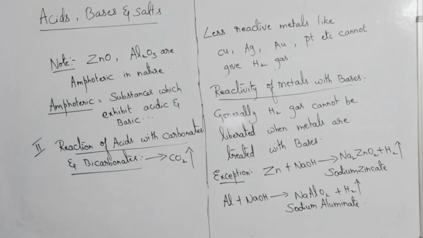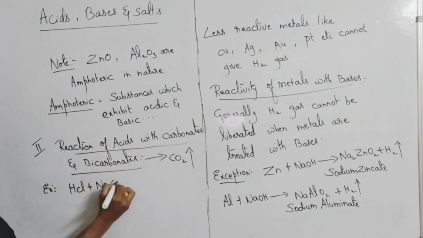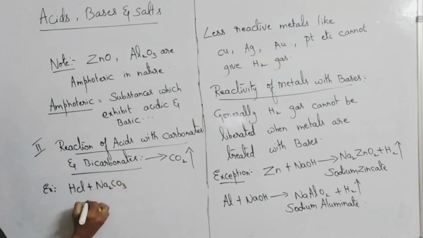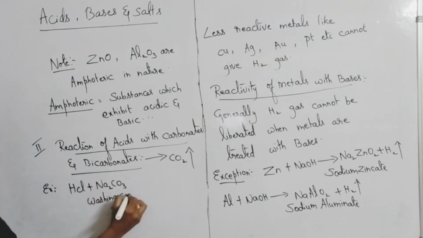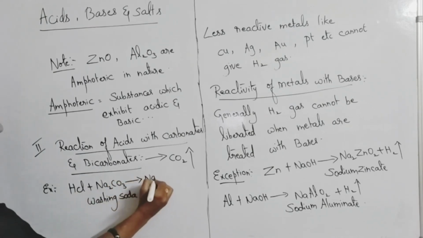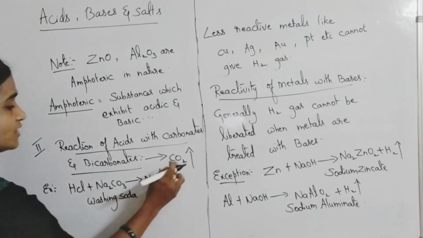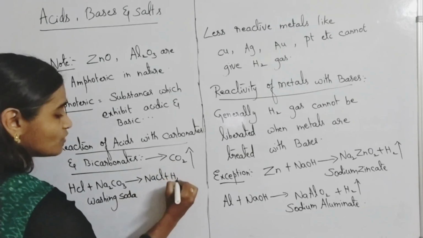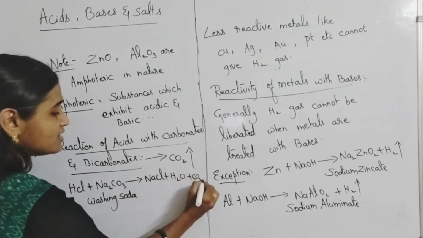This is very important. Here you can take the example of any acid, HCl I am taking, reacting with a carbonate salt, Na2CO3. I think you all know this is called washing soda. HCl reacts with Na2CO3 and forms the respective salt, and along with that the standard products formed are H2O and CO2.